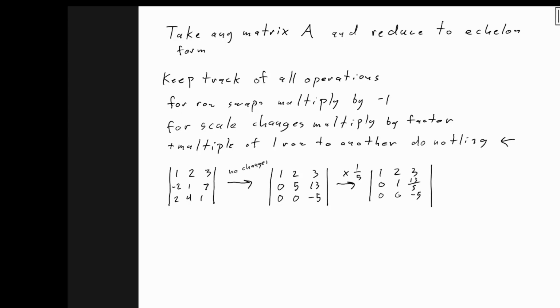So if I want to think about what I've done to the determinant, well, the determinant of this is -5, and I multiplied by 1/5 to get there. So the determinant of here was -25, and I made no other changes, so my original determinant was -25. And I can calculate that a lot faster this way than by using cofactor expansion.